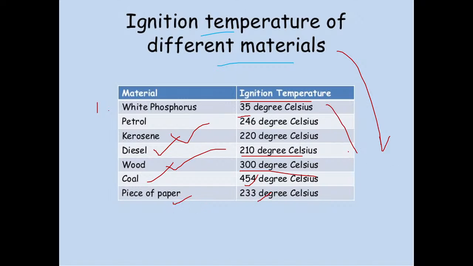The highest is 454, which is coal. And the lowest is white phosphorus, which is 35 degrees.